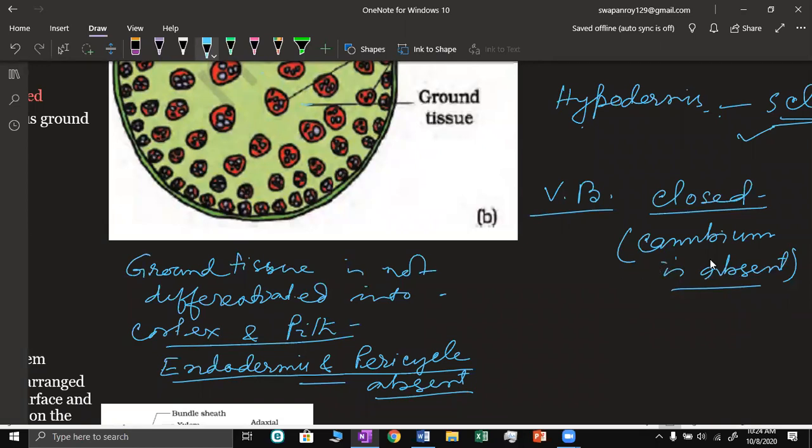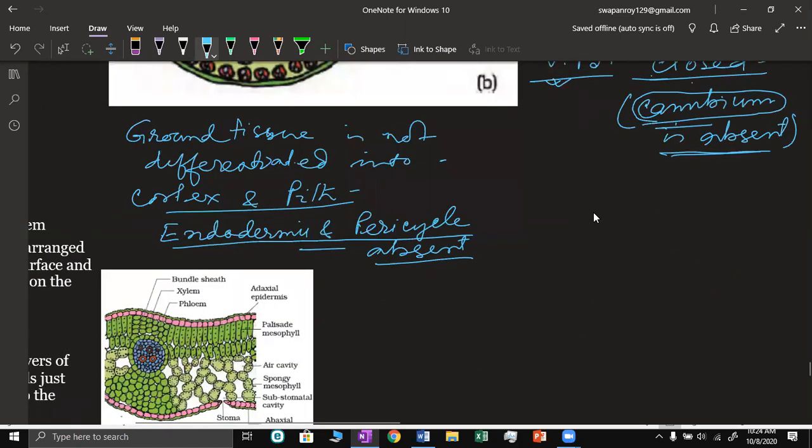Further growth has been checked due to the absence of the meristematic tissue cambium, so the vascular bundles are called closed. Like the other stem character, the vascular bundles are conjoint, collateral. Another thing is that here the vascular bundles are covered from all sides, or at least from two sides. They are bounded by a sclerenchymatous sheath.